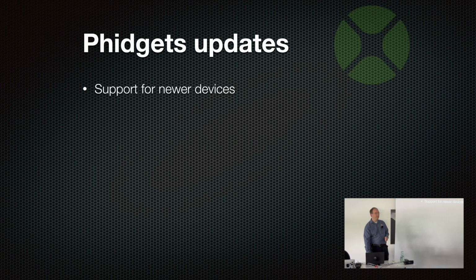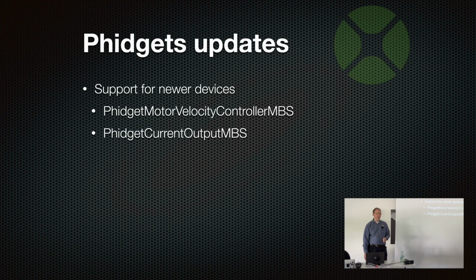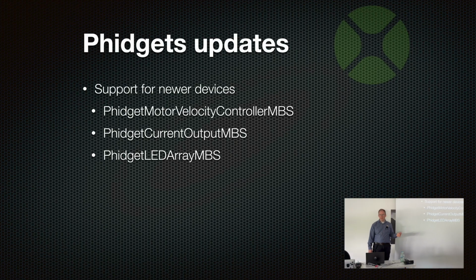And we recently added newer devices, like here a motor velocity controller, so you can control a motor. And we have outputs for current. We also have digital outputs, analog outputs, inputs.